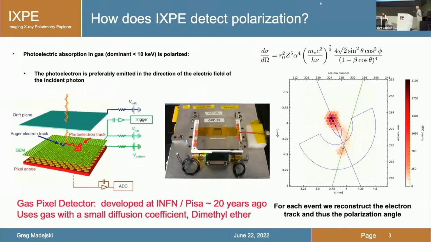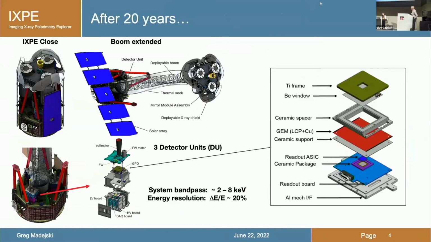When a photon hits the detector, it causes ionization, and the ionized material moves, and you can actually track it. Because the tracking is related to the polarization of the incoming X-ray, you can determine the polarization. The electron track gives you basically a polarization angle.